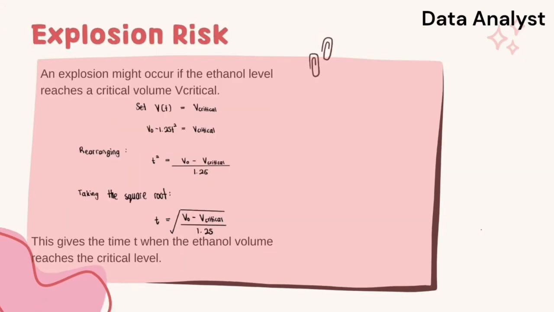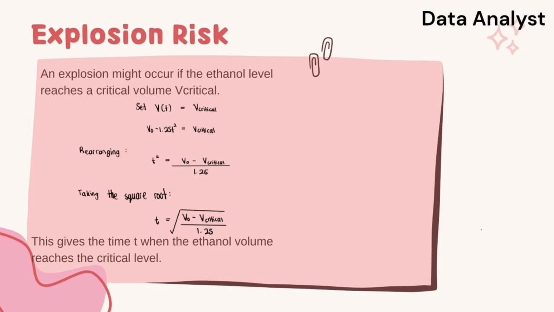Next, we are going to calculate the explosion risk. An explosion might occur if the ethanol level reaches a critical volume, V critical. So we set V critical equal to V(t). V(t), which we previously calculated, is V0 minus 1.25t squared, and this is now equal to V critical.